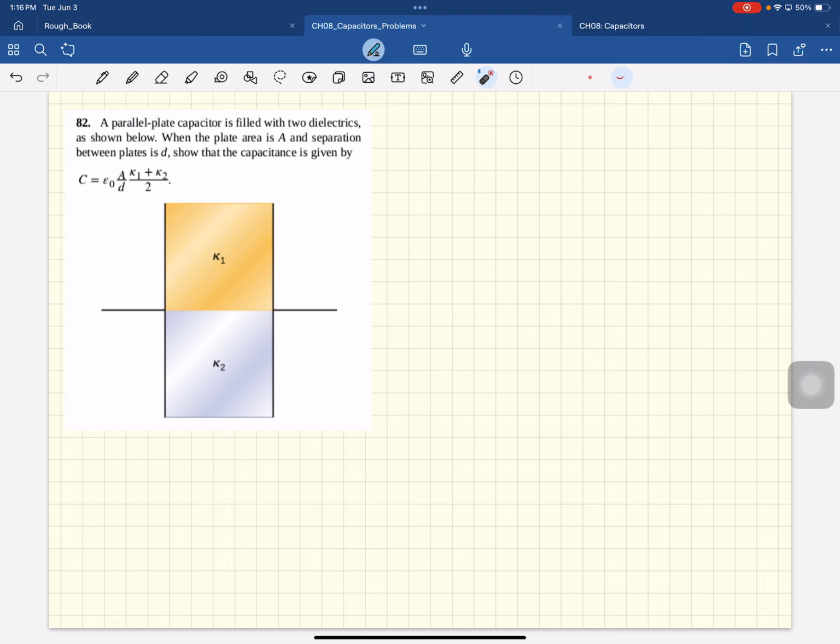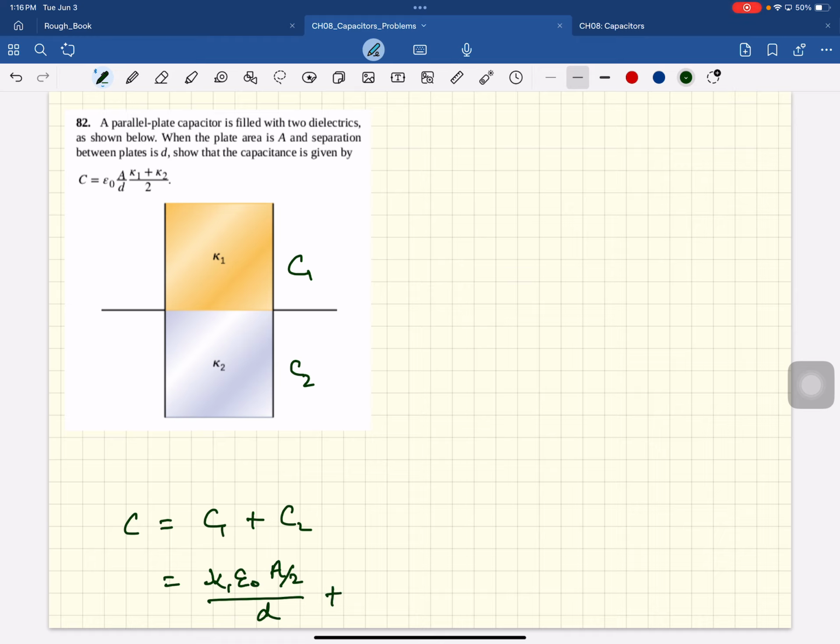So let's call this C1, C2. The effective capacitance is C1 plus C2. So kappa 1 times epsilon naught A by 2, that's the area of the plate, divided by D, plus kappa 2 epsilon naught A by 2 divided by D. So C is epsilon naught A by D, kappa 1 by 2 plus kappa 2 by 2.